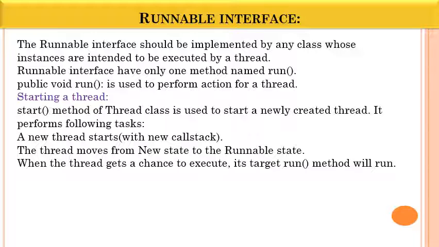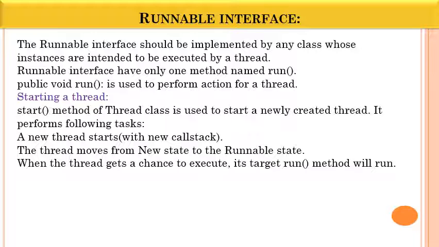So in the life cycle we know that we move from the newborn state to the runnable state, and also we can move towards the running state. When the thread gets a chance to execute, its target run method will get run.